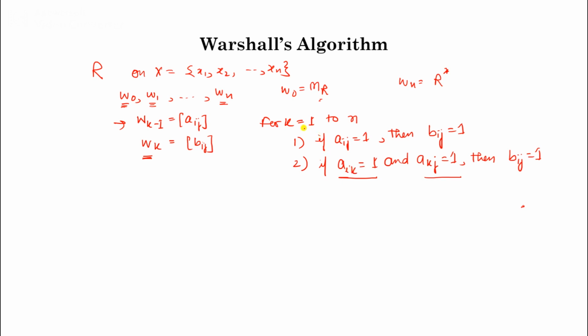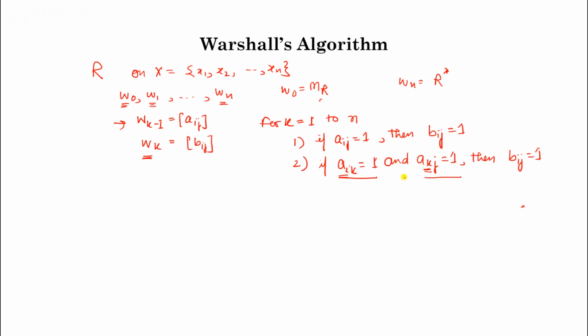For example, suppose you start with k equal to 1. Then in the first column you will check the rows where this element is 1, so you will find the value of i. Now you will check the kth row and the jth column, and this element is 1. I will give you one example to understand this. So for each value of k, you have to check the ith row where Aik is 1 and the jth column where Akj equal to 1.